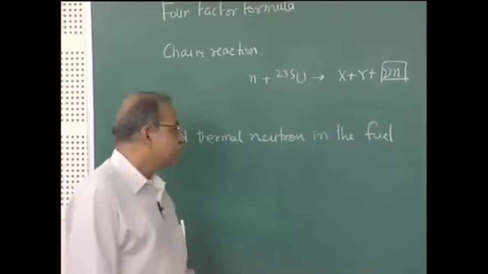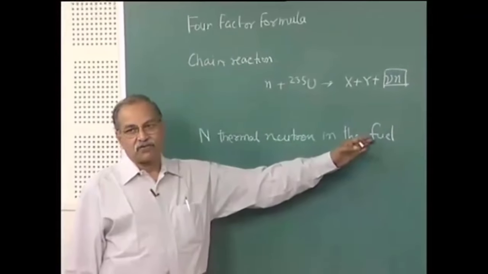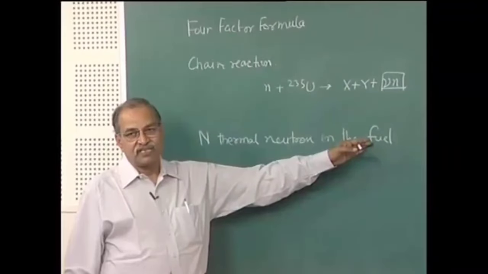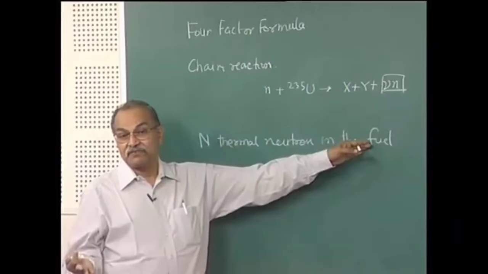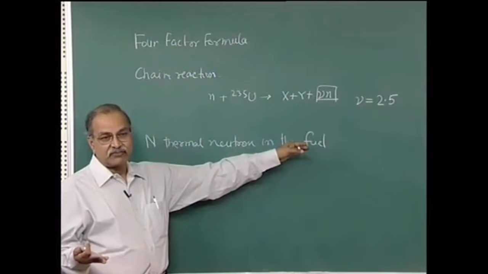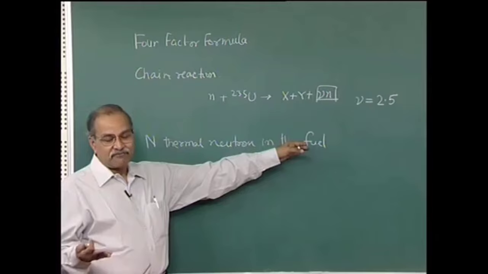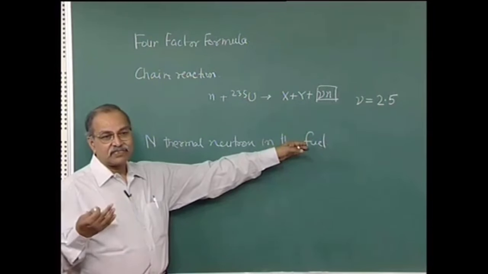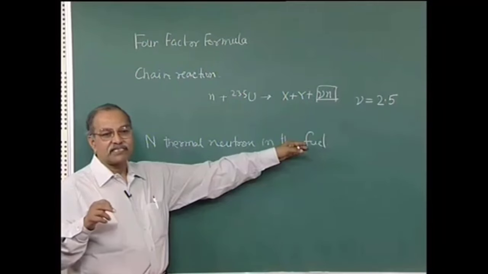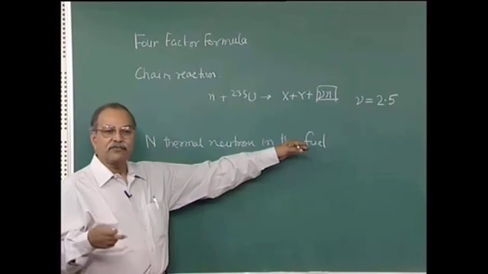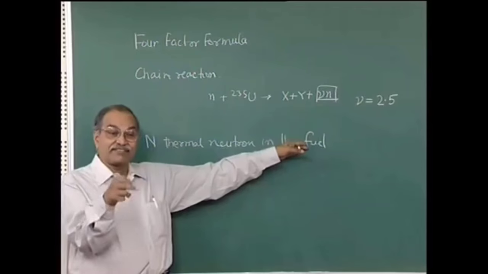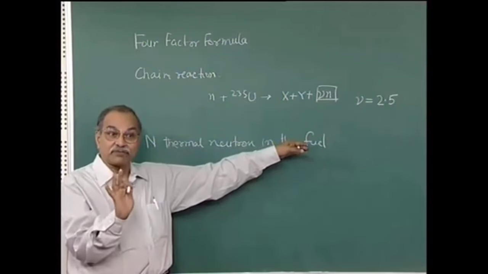The first is, in the fuel, these are all thermal neutrons. So, they have a high probability of fission in uranium 235, but then they can also undergo radiative capture, in uranium 238 as well as in uranium 235 both, right.